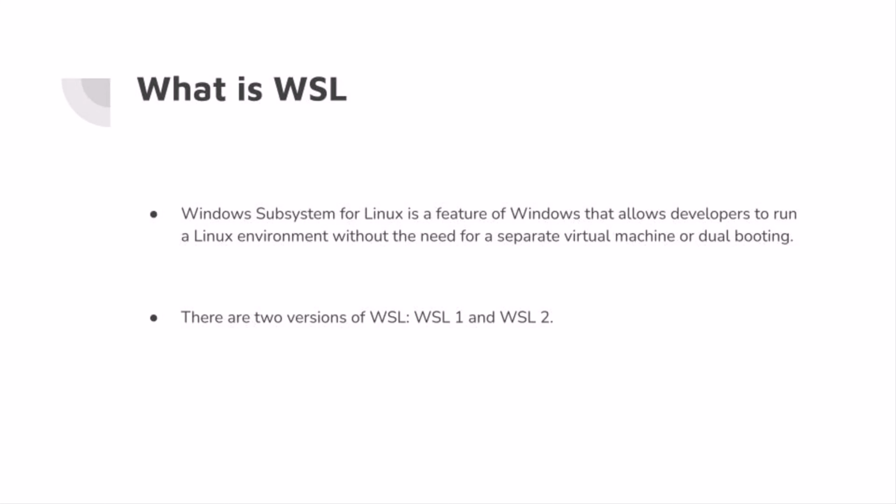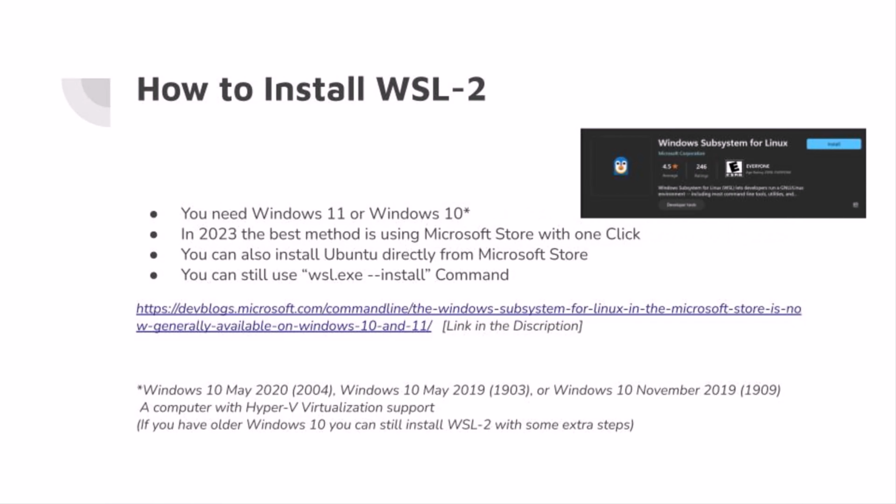But with WSL2, many problems have been solved, many improvements have been made in the core, and you can use the Linux GUI inside your Windows, which is very fun. For example, you can install Qt Creator inside Linux and open it just like any other Windows app. That is very fun. Okay, how to install WSL2?